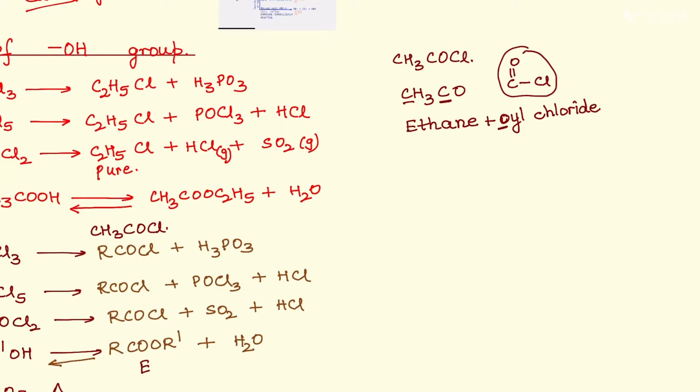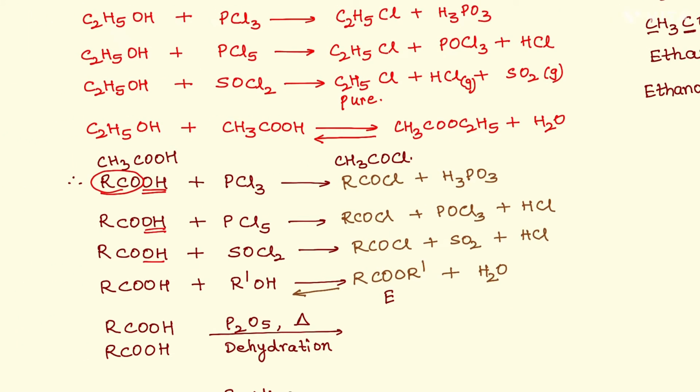But because this is beginning with a vowel, we do away with the E and we will write it as ethanoyl chloride. Yes, these will be 2 words, right? Same way, you can try replacing the R by, say, another alkyl group, maybe C2H5, and form the product correspondingly. Easy to understand? Okay.